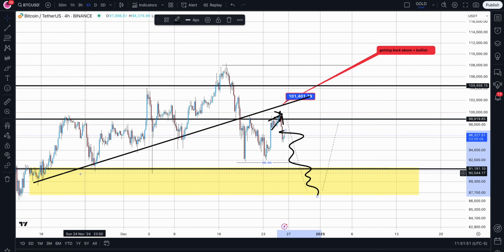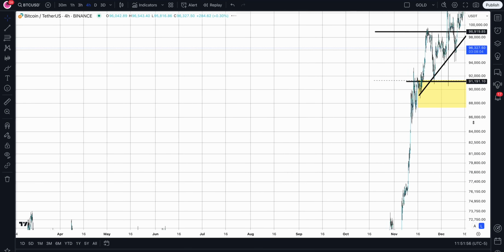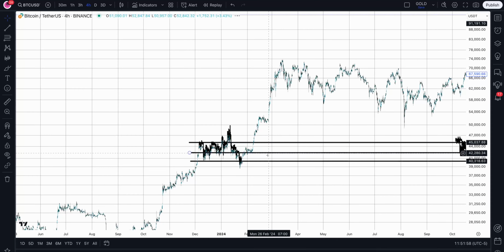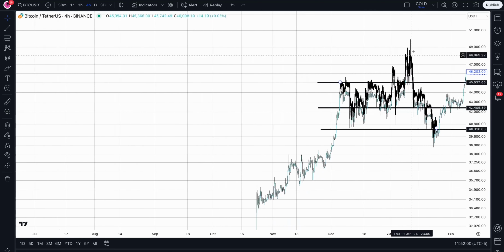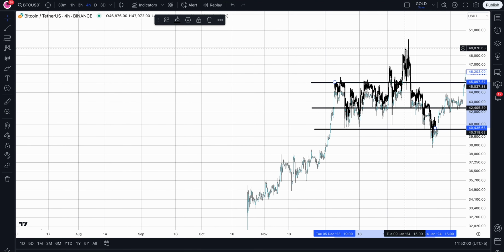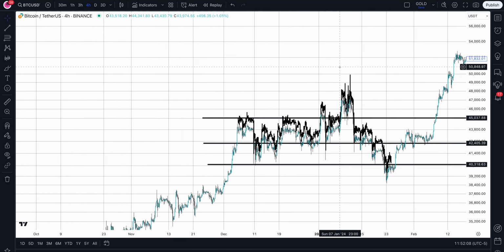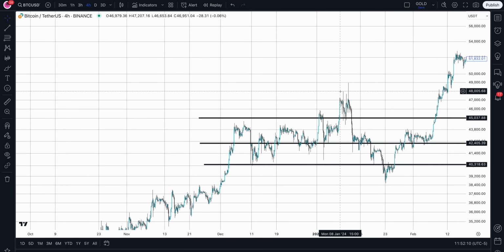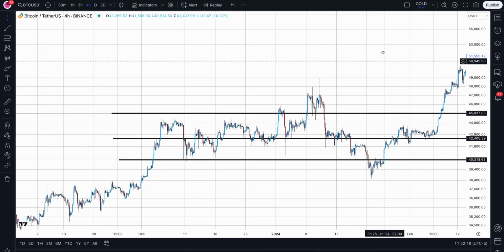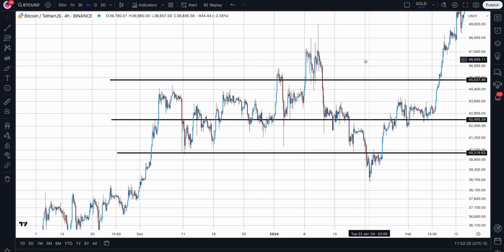And the reason this is my invalidation, this trend line, is because if we simply go back to 2023, it's actually crazy because this happened around the same time frame. This was around December 25th to January 22nd. Okay, so something like this is what I would be expecting.